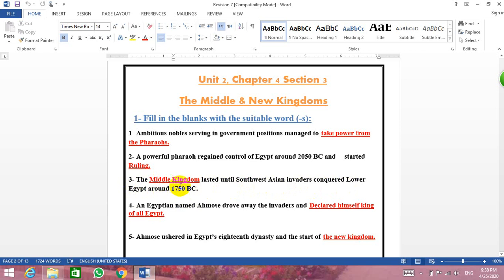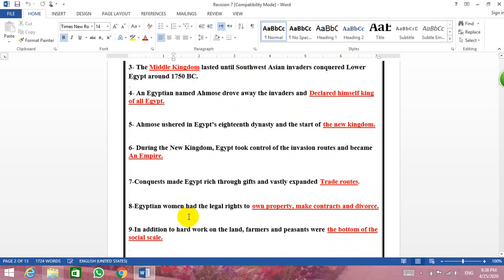So the answer is the Middle Kingdom. Point number 4, an Egyptian named Ahmose drove away the invaders and declared himself king of all Egypt. So Ahmose declared himself king of all Egypt.